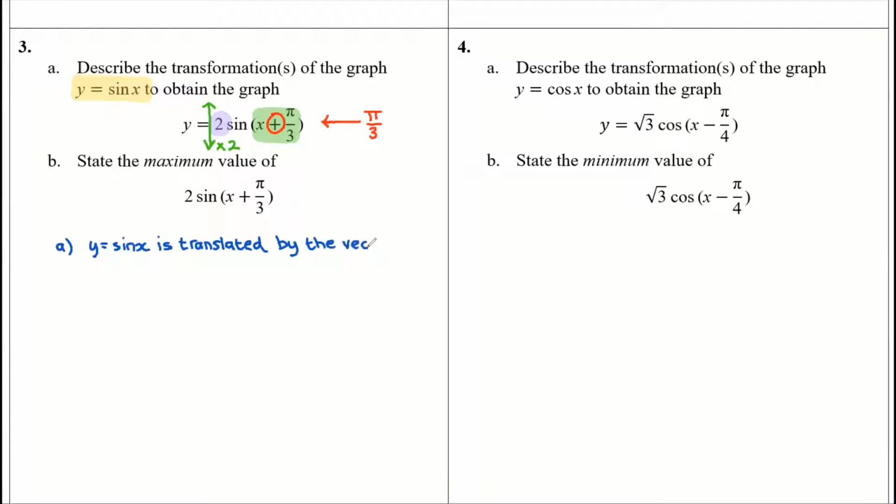So we just need a vector that would just shift my shape pi over 3 to the left. Okay, so let's do that. So it would be, well, first of all, it's not changing in the y direction, so that would be 0 there, and we would need to put a negative in there just to show that it's going to the left.